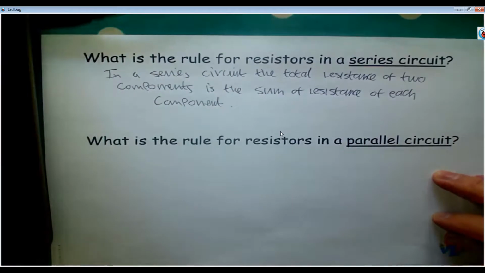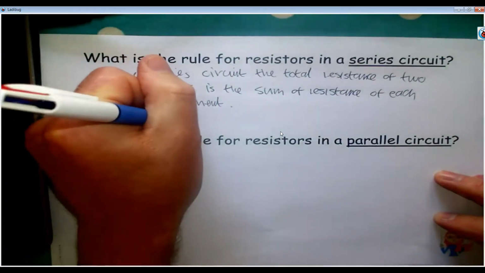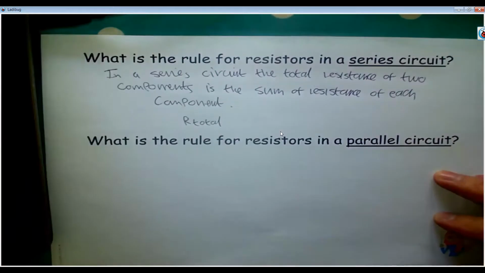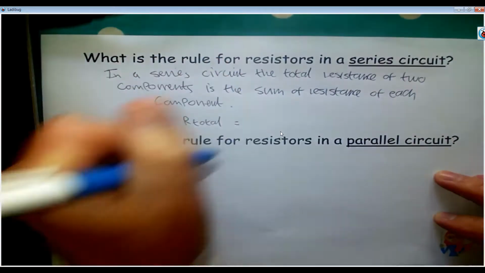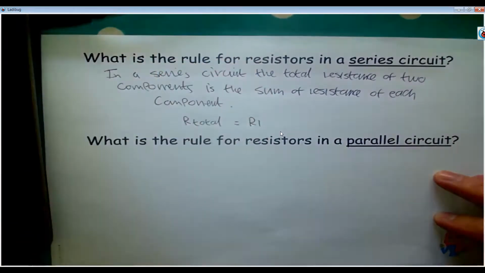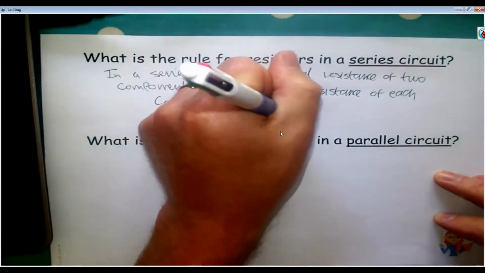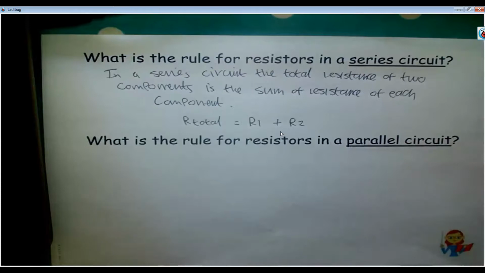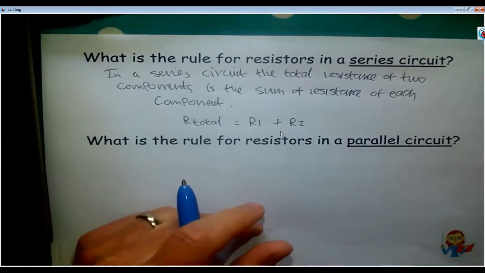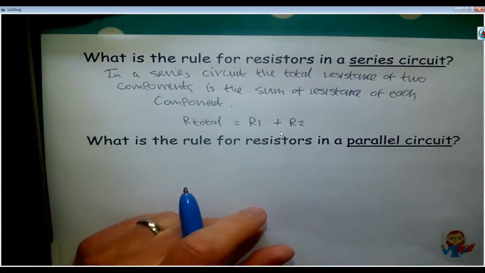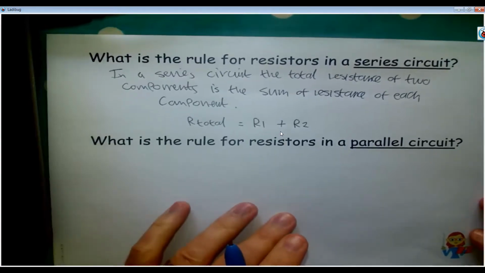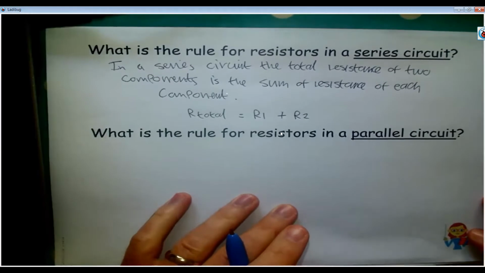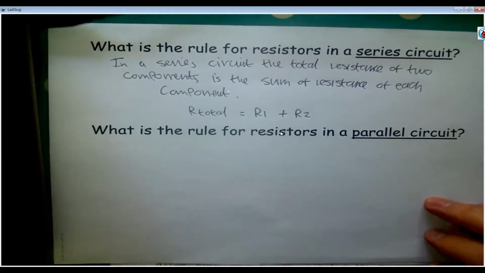And we can write that as R total, or total resistance, is equal to resistance of component 1 or resistor 1 plus resistance of component 2 or resistor 2. So we simply just add the resistances together to get the total resistance in a series circuit, because the current needs to go through both resistors or both components.